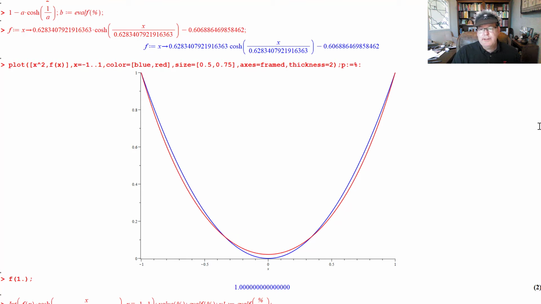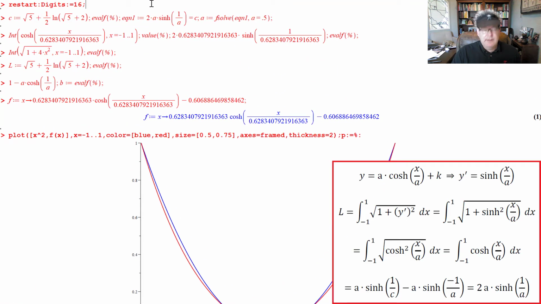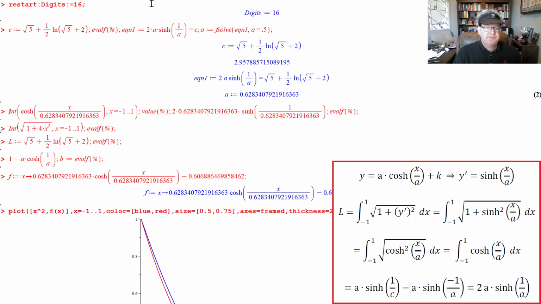Right, so here we're looking at the graph. Let's get these numbers now. So to get those numbers, I'll go back up. I'll just hit start here. There's the length that I want. That's the length of the parabola curve.